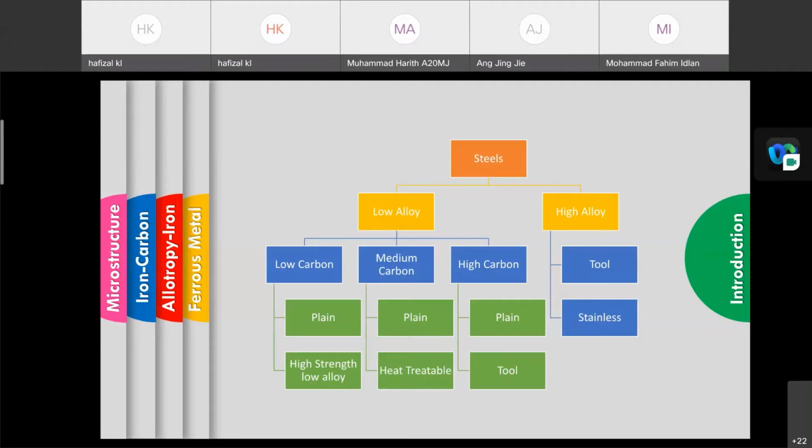Under low alloy, we have low carbon, medium carbon and high carbon. Then there is a classification in terms of high strength, heat treatment, and also usable for tools. For the high alloy, it can be classified into tool steel and stainless steel alloys.